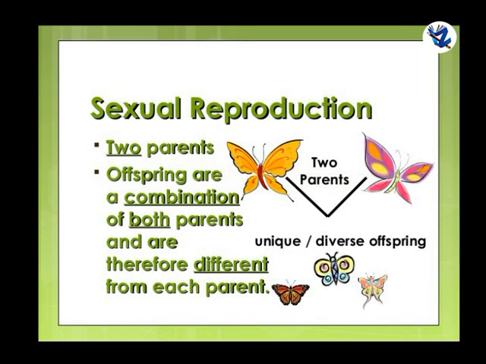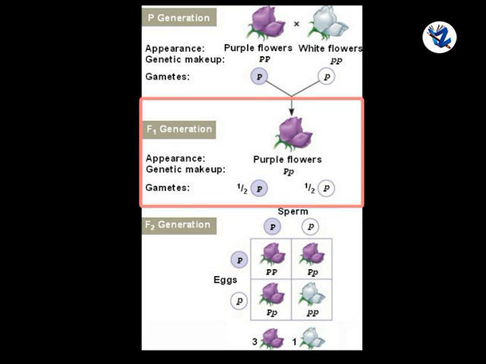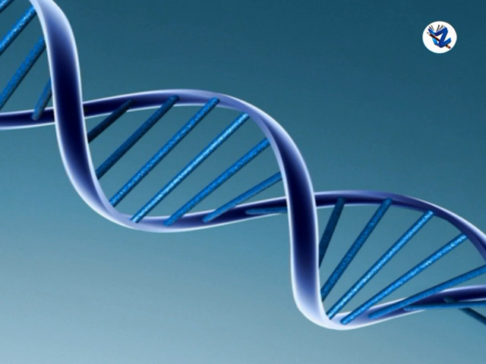Organisms produced by sexual reproduction are called offsprings, and they are not identical to either of their parents but inherit some of the characteristics from both the parents. The characters that are transmitted from one generation to the next through particles are called factors by Mendel, and now these are known as genes.